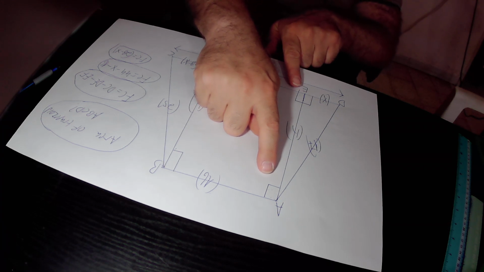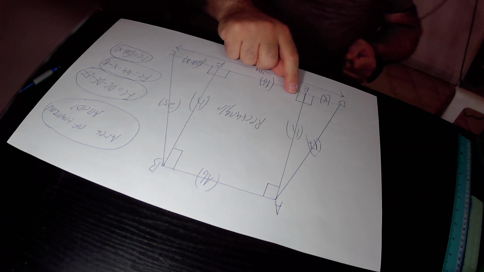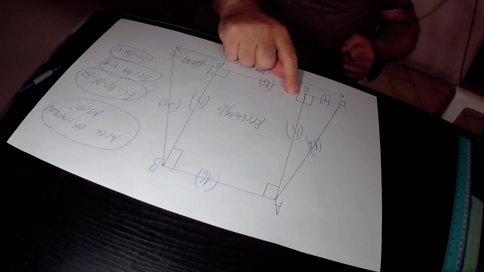According to rule 16, the sum of two one-sided interior angles is equal to 180 degrees. So this is the missing angle, that is angle BAE, plus this angle, that is the right angle according to our construction. In total, the sum of those two angles is equal to 180 degrees according to rule 16.